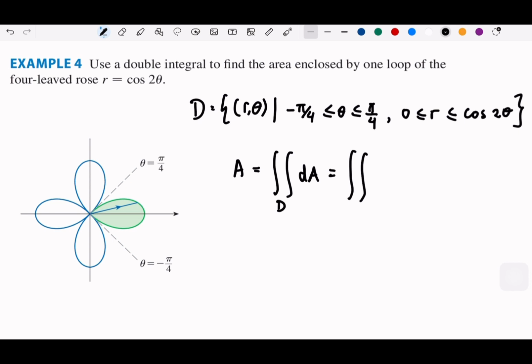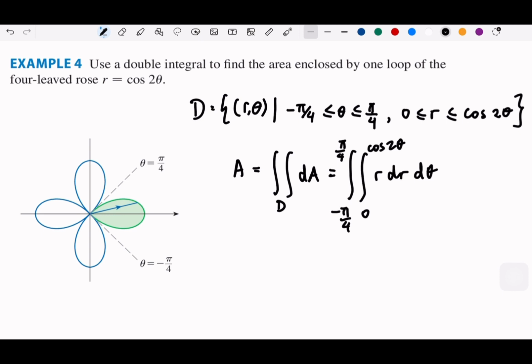So dA will be r dr d theta. There is no specific function that needs to be computed, so it will be just changing dA to r dr d theta and then putting in all this information for theta, and for the r, 0 and cosine 2 theta.